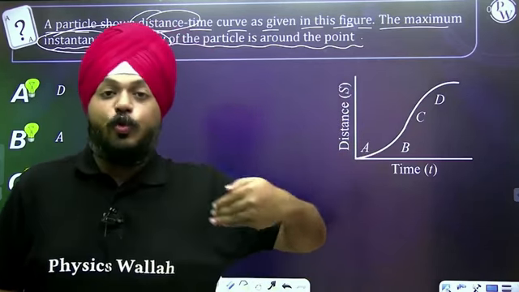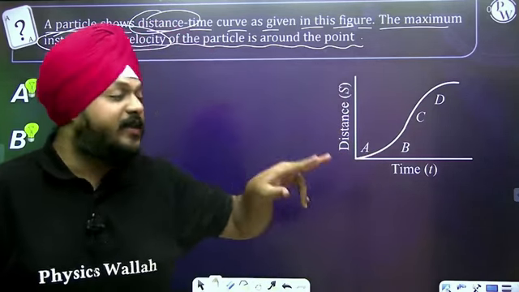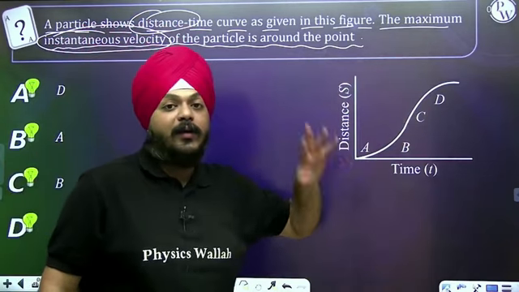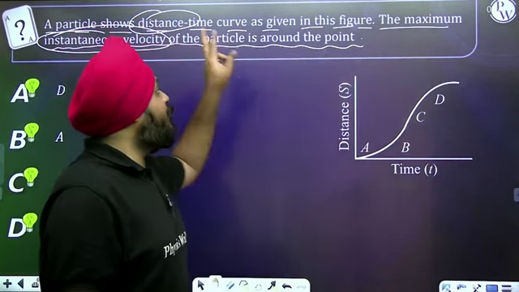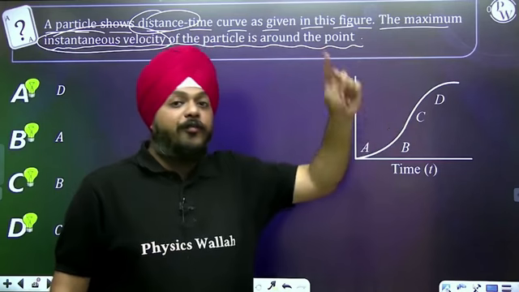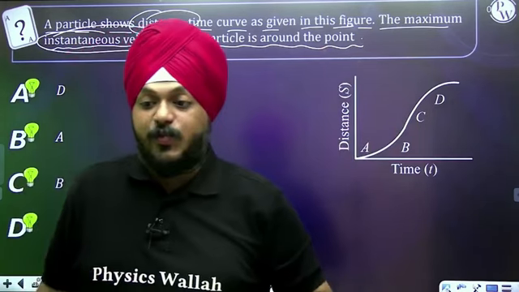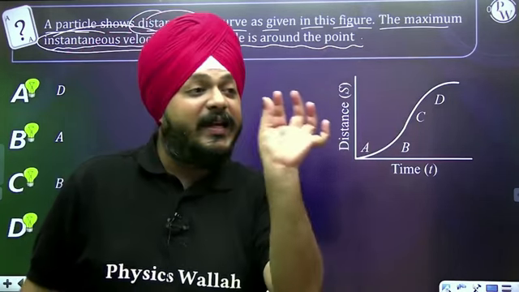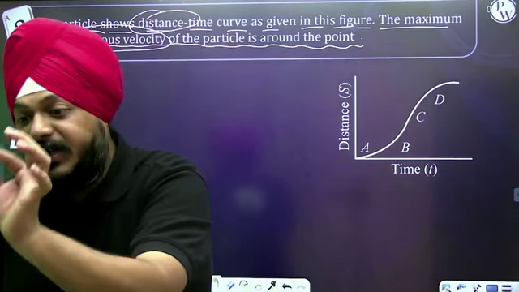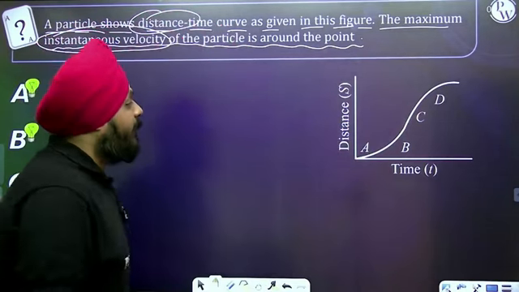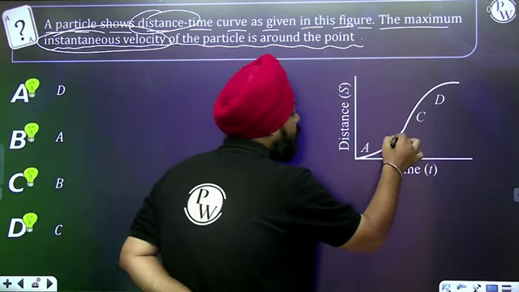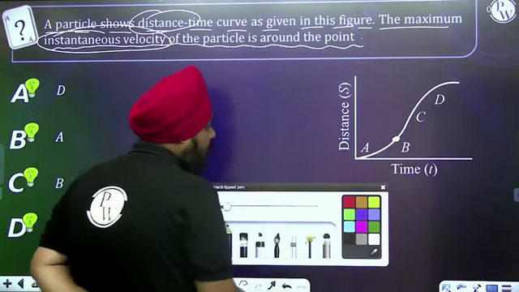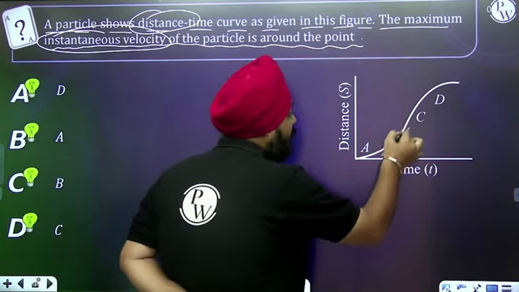We can select any two and draw the secant. But the question states which point among four has maximum instantaneous velocity. So each and every point should be analyzed individually. For that we have to draw the tangent. Suppose I'm talking about B, draw the tangent.